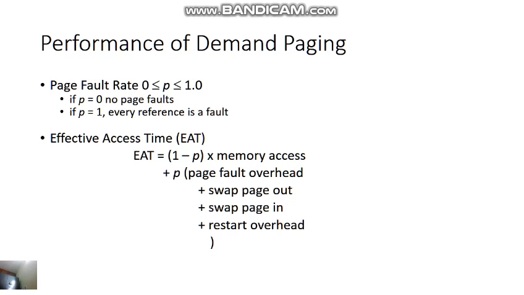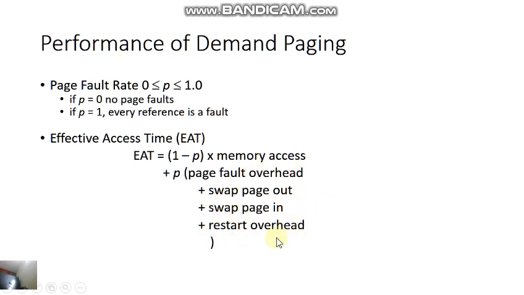Now how do we calculate that? For the access time of demand paging, we calculate the effective access time. There is a particular formula: EAT, the effective access time, is equal to (1 minus P), where P is the probability of the page fault, times the memory access time, which is the default memory access time, plus P times the page fault overhead, which consists of swap page out, swap page in, and restart overhead.